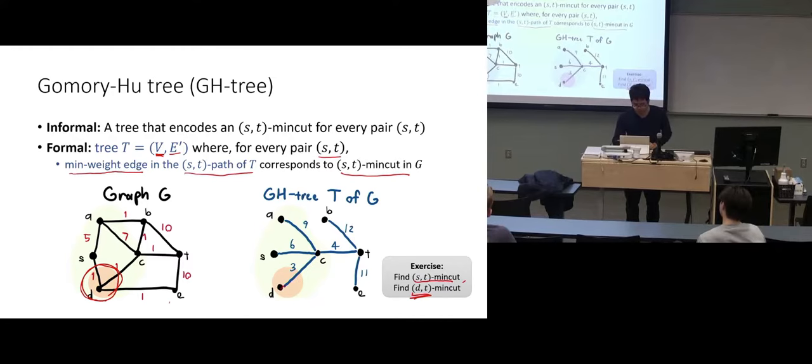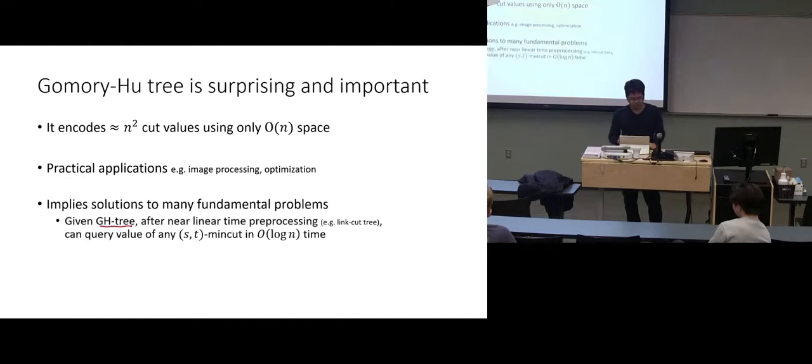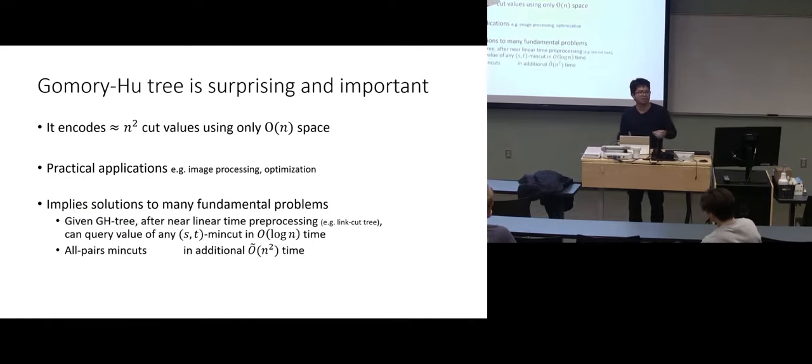You don't need to walk along the path and spend time linear in the size of the path. For example, if you want to solve all pair minimum cut, if someone gives you this tree, you can just query it for every pair and be done in something like n square time. So that's great.